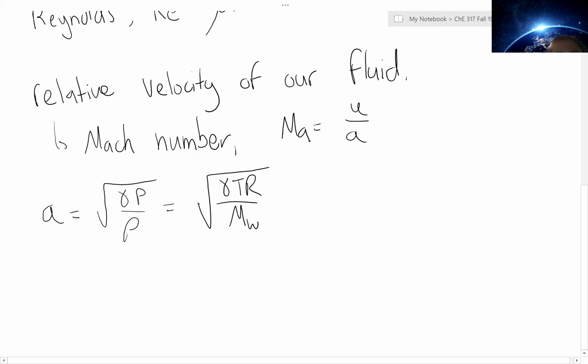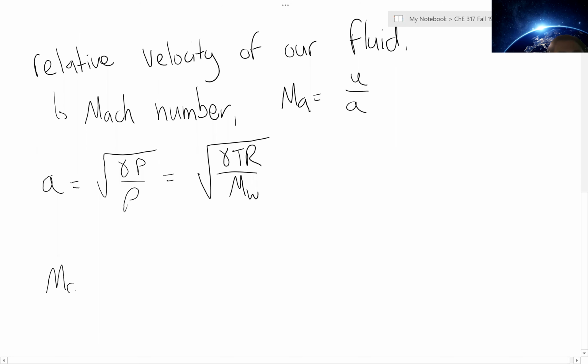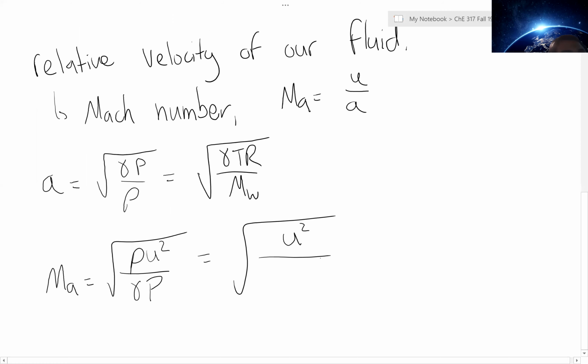Combining these two expressions, we can solve for the Mach number as the square root of rho u squared over gamma times pressure, or the square root of velocity squared times molecular weight over gamma T R.